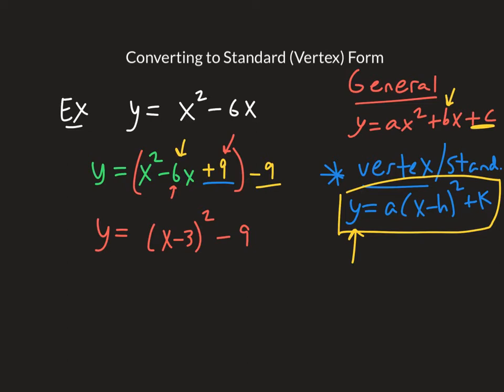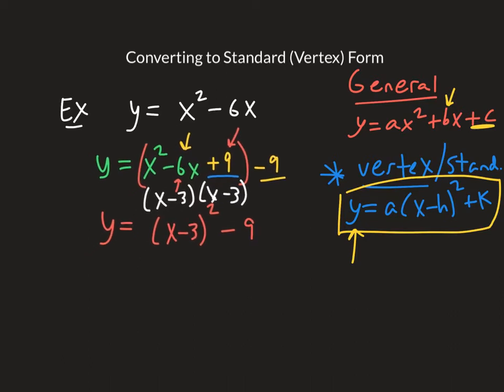Remember with the factoring, the one step I didn't show, and you can show this step if it helps: x minus 3 times x minus 3, because -3 times -3 equals the 9, and -3 plus -3 is going to be the -6. And since there are two factors of x minus 3, that's why we are allowed to write it as x minus 3 all squared. So our final answer in vertex, or standard form, would be this.